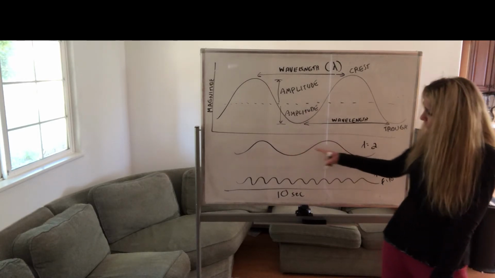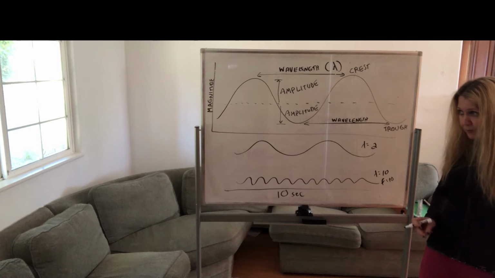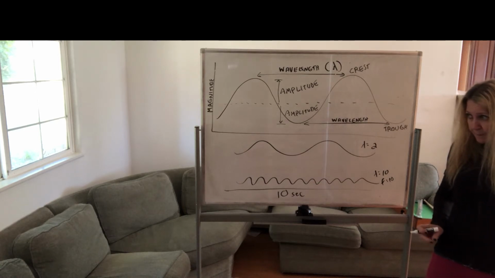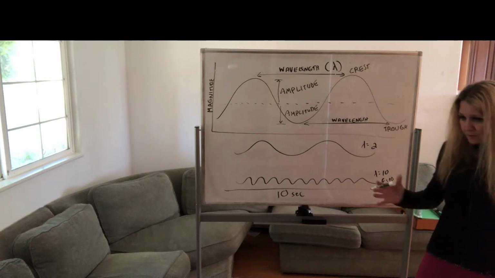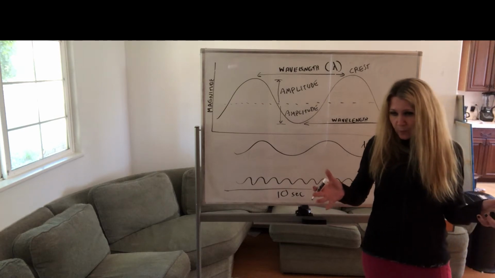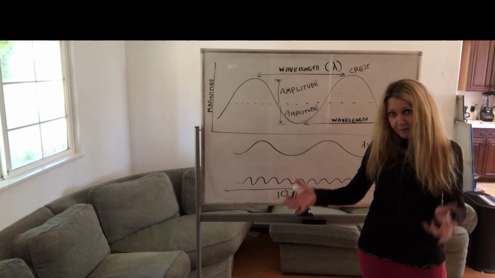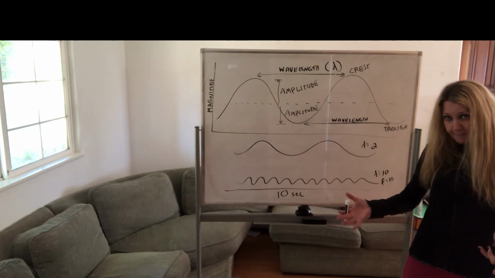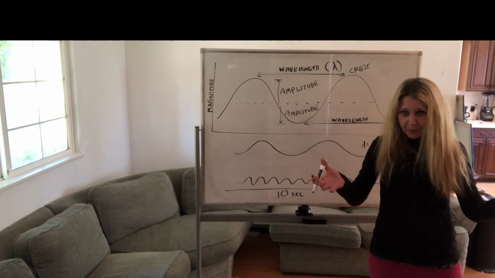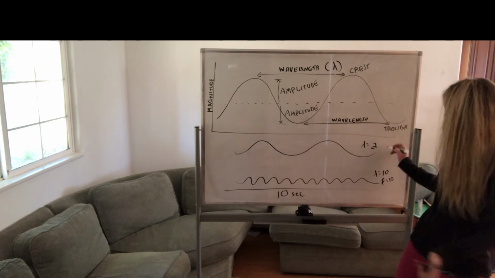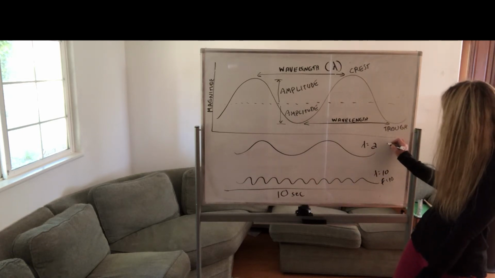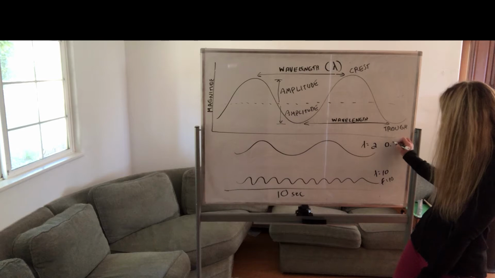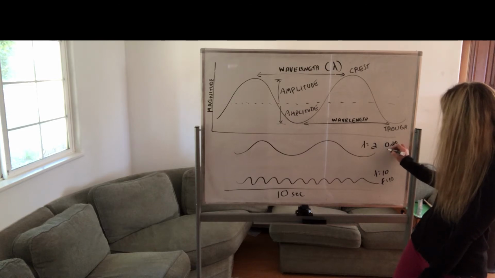In this case, we have 2 waves over 10 seconds. So that'd be 1 wave for every 5 seconds, right? Which is going to be 0.2 waves per second. 0.2 is going to be the frequency.